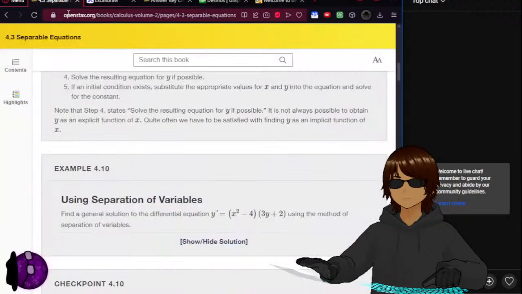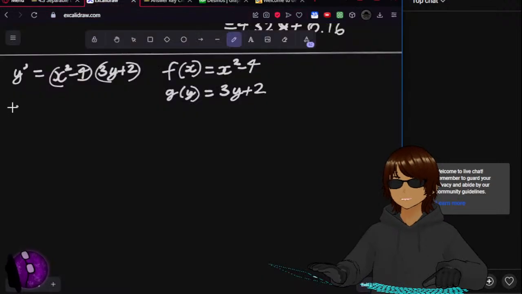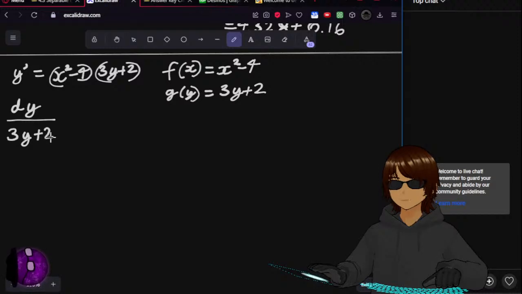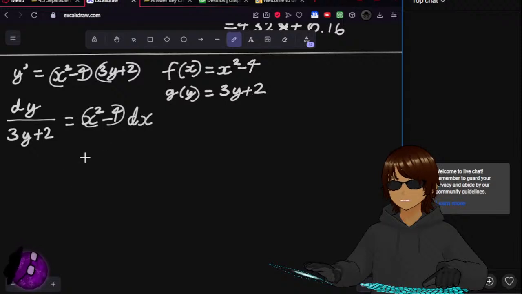And then we are supposed to write it, so this over here is dy divided by 3y plus 2 is equal to x squared minus 4 dx.